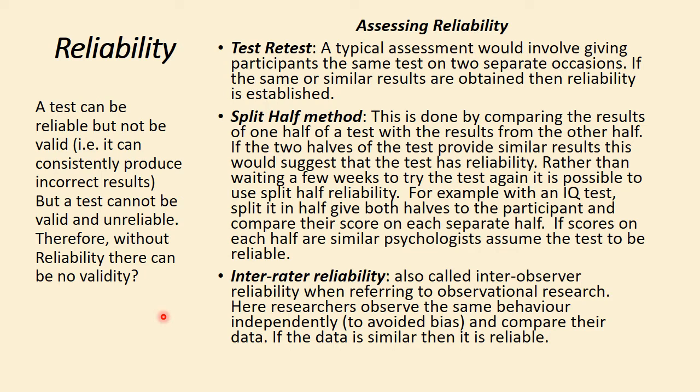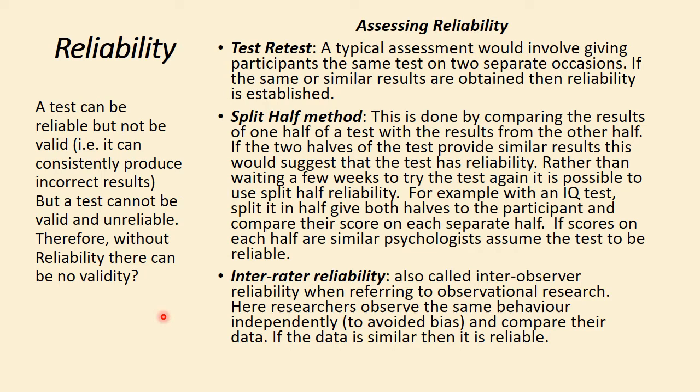That doesn't make me a good darts player, it makes me a consistently bad one. Likewise, with a test, we could consistently be getting incorrect results. So a test can be reliable but not valid.